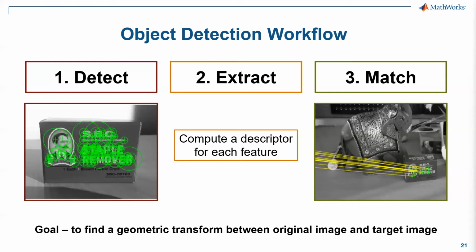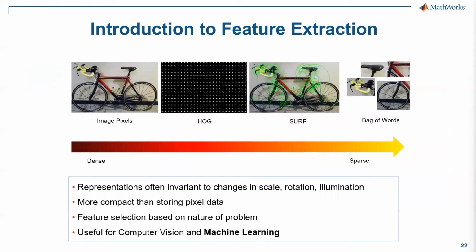The purpose of the detect, extract, match workflow is to arrive at a geometric transform between the original image and the target image. This requires you to find as many matching points as possible. Features are important key points in the image, which could be edges, points, or objects.